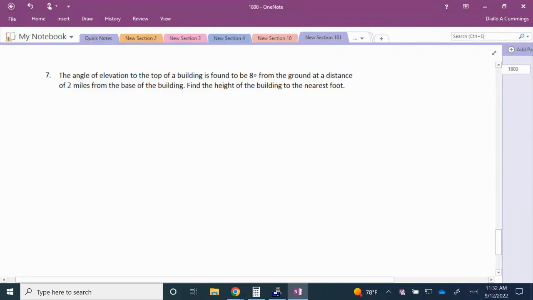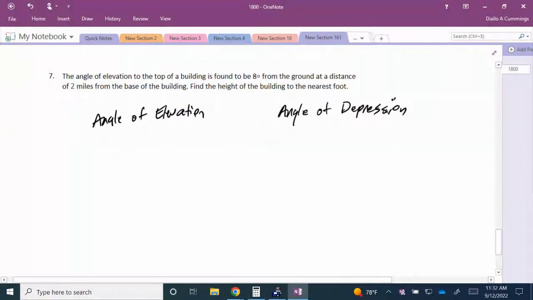Now if we talk about an angle of elevation, we're also going to talk about an angle of depression. For each one of these, we need what's called a horizontal.